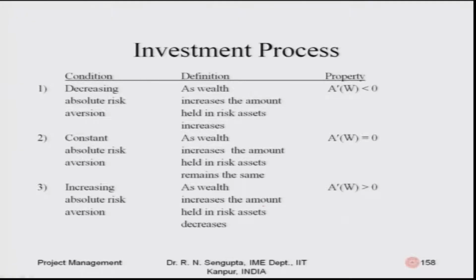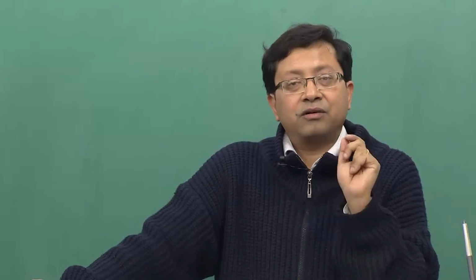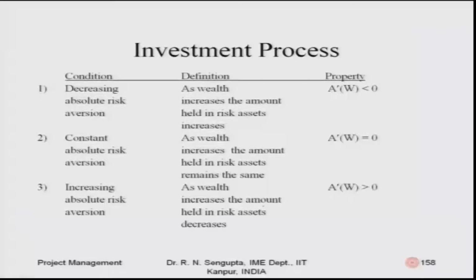That means I am neither willing to take the risk nor averse to it, but I want to continue with the same concept, that I am indifferent. So, hence the first derivative of A is 0. And the last point means A prime is greater than 0, which means as wealth increases, the amount held in risky asset decreases, which means I am not willing to take the risk as I increase more and more of my wealth.